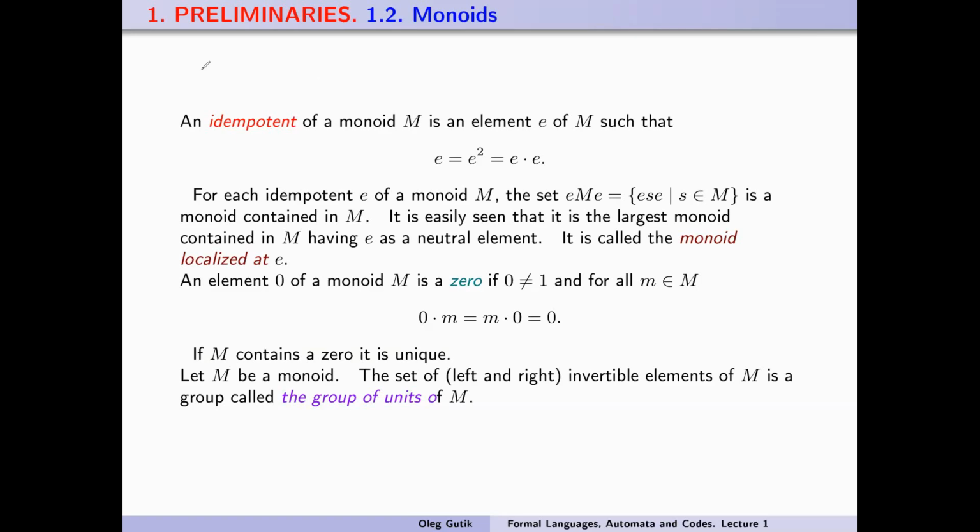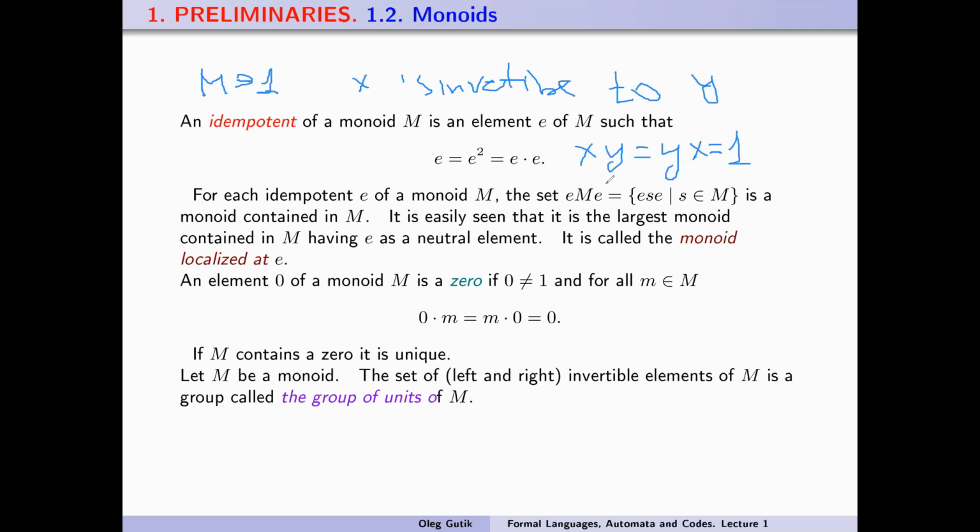If we have a monoid M with unit element 1, we shall say that x is invertible to y if the following condition holds: xy is equal to yx is equal to the neutral element 1.